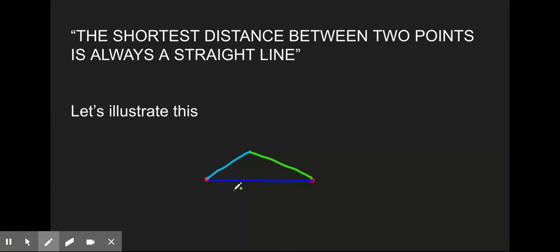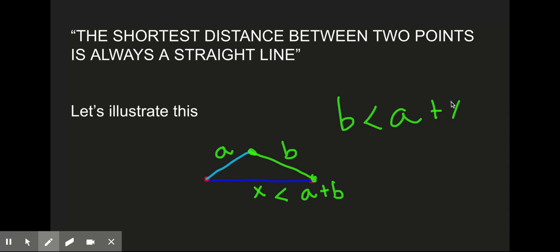So we can extend this into a theorem, right? That this side, we'll call it x, should always be a shorter distance than the other two sides. And shouldn't that also apply to go from here to here, B should be shorter than the other two?